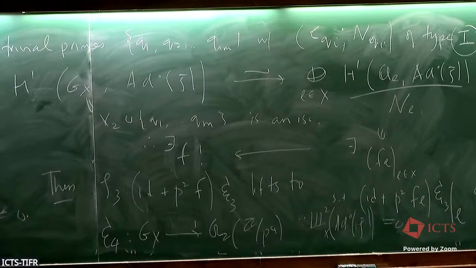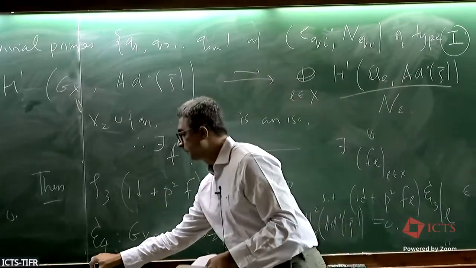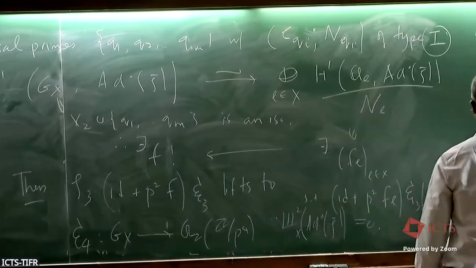So locally liftable implies globally liftable if the Tate-Shafarevich group is 0. So up to this step, you're fine, and then the step you now repeat inductively, and you can finally lift to a rho.